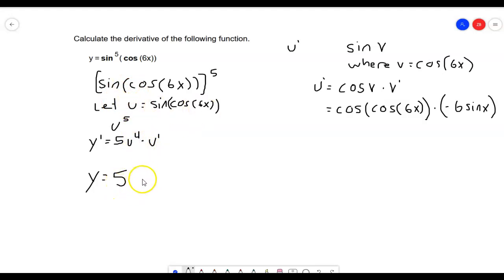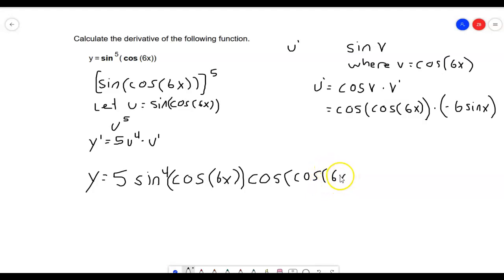Our u is this, so instead of the 4th on the outside, I'll put the 4th back in here: the sine to the 4th of the cosine of 6x, with the parentheses back in there, times u prime, which I have right here, times the cosine of the cosine of 6x, times negative 6 times the sine of x.